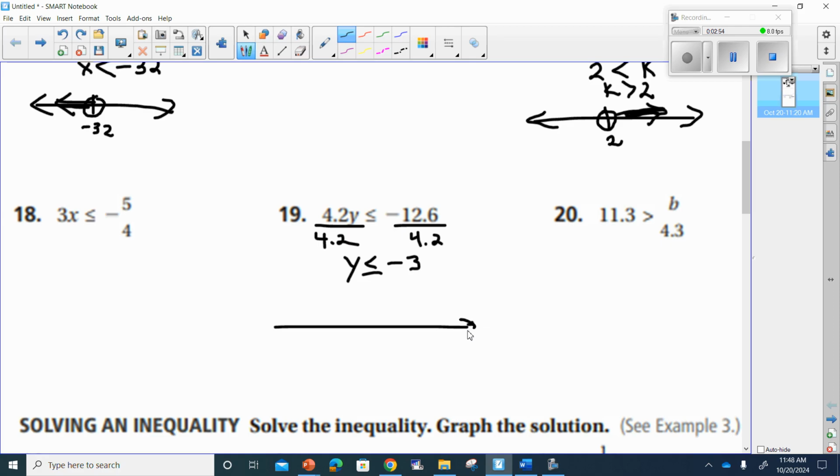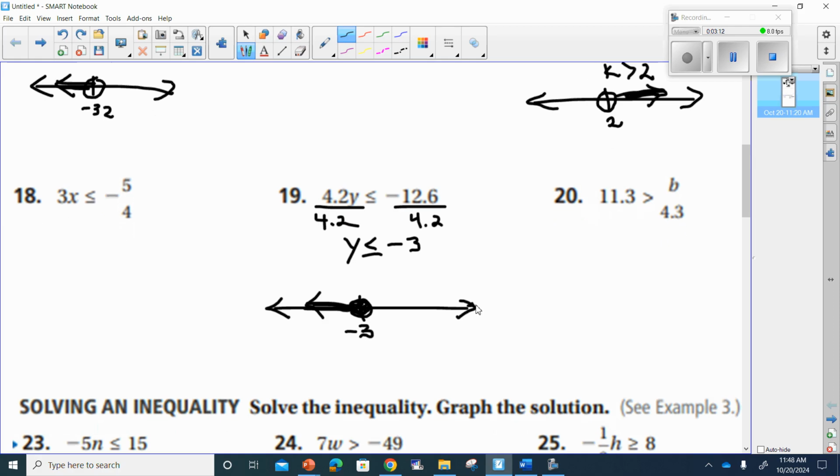Now I'm going to do my graph, which puts me at negative 3 in the middle. Closed circle, because I do have a line there. And since y is in front, I can follow my arrow in this direction.